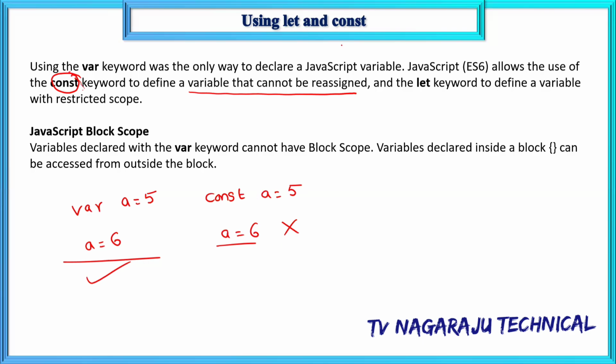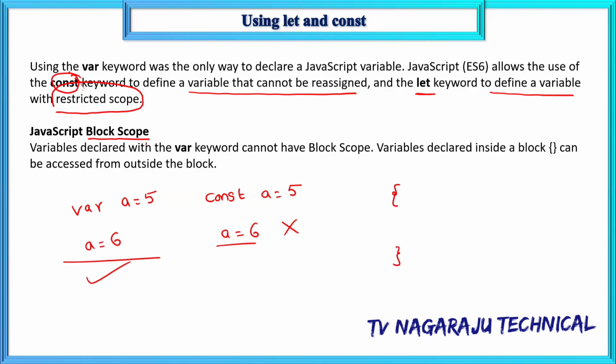Now, you need to understand the difference between var and let. Remember, let is also used for defining a variable with a restricted scope. What is the meaning of restricted scope? For that, understand block scope. So what is a block? Curly brackets. This is a block.